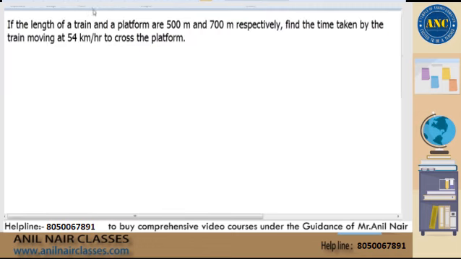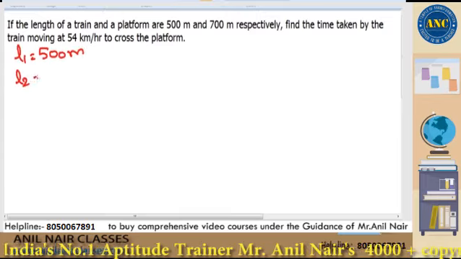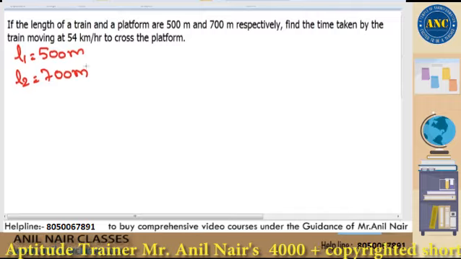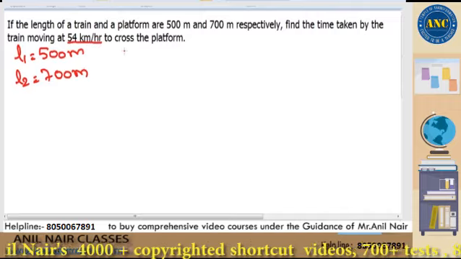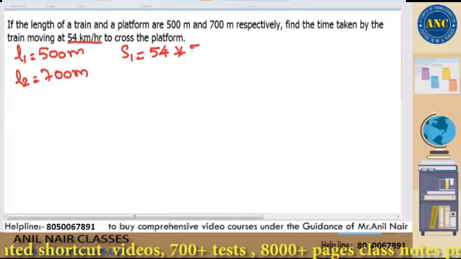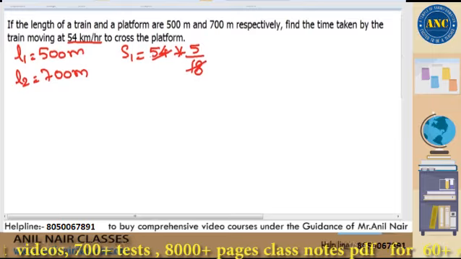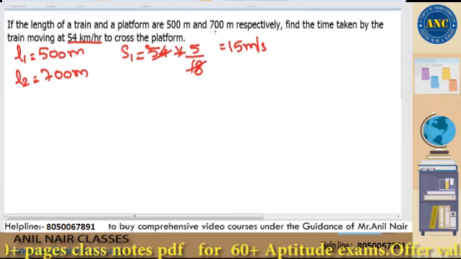If the length of train and platform are 500 and 700 meters respectively, length of train is 500, length of platform is 700. Find the time taken by the train moving at 54 kilometers per hour to cross the platform. Speed of train is 54 kilometers per hour. Multiply by 5 by 18. So it is 3 into 5, 15 meters per second.